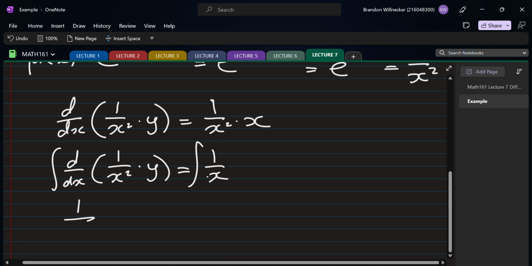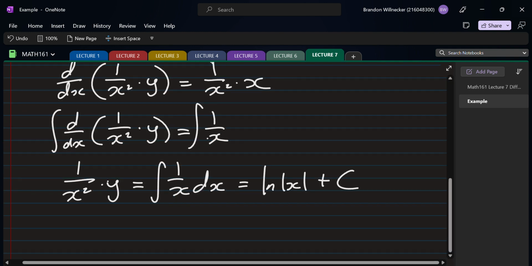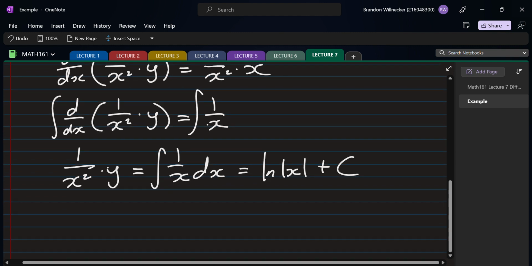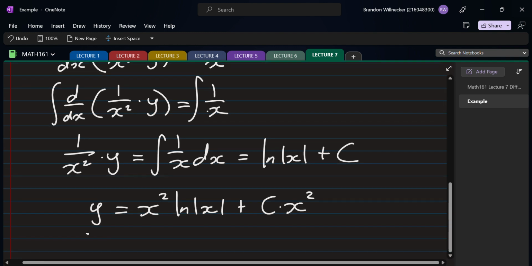So we get 1 over x squared times y is equal to the integral 1 over x dx. So that's going to be the natural log of x plus c. Okay, don't forget your constant plus c. Now we can solve for y. So y will then be equal to x squared natural log of x plus c times x squared. So we get our family of solutions.